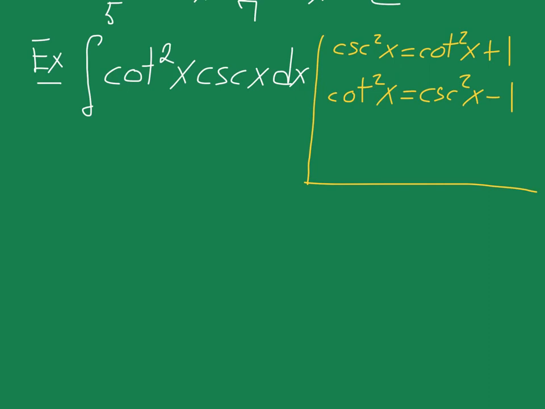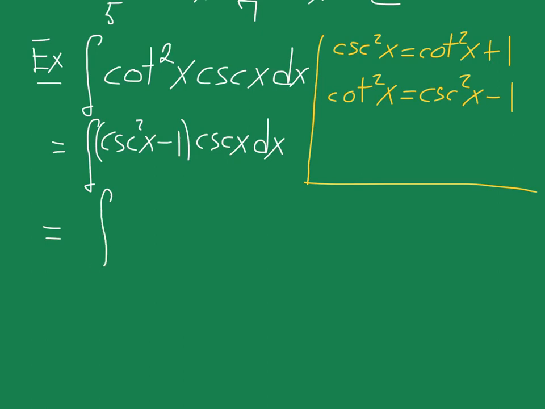So this is equal to the integral of cosecant squared x minus 1 all times cosecant x dx. All right, and simplifying this a bit, we'll have the integral of cosecant cubed x minus the integral of cosecant x dx.